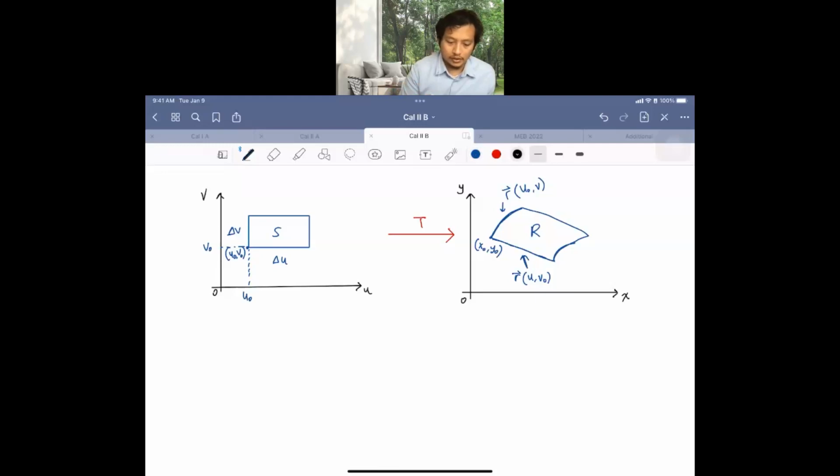Okay, we could write the image of S is a region R in the xy plane. And the boundary is given by these transformations.